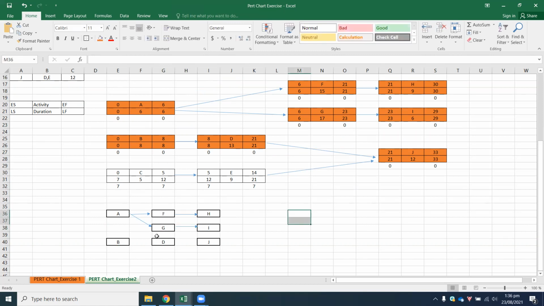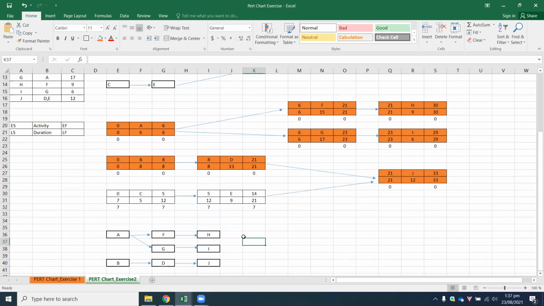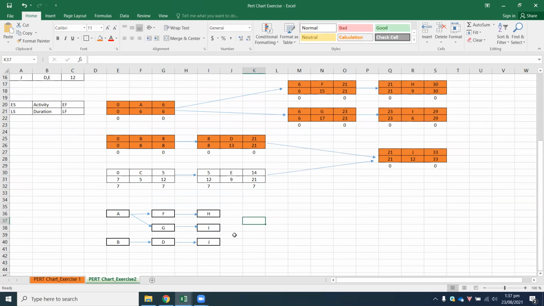All right. After that, you have activity B, which is also running together. So B is the predecessor and the successor is D. And then D acts as the predecessor for activity J. So this is your critical path. Now you must be thinking, it's not one path, it's more than one path. Yes, you can definitely have that.